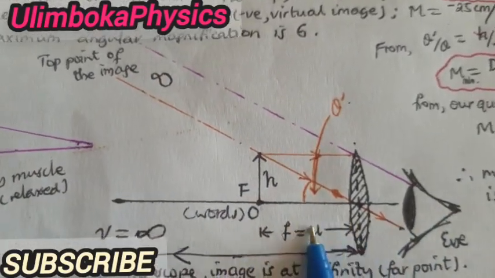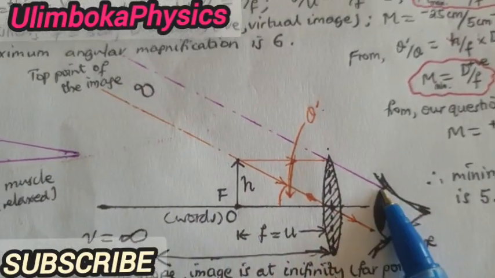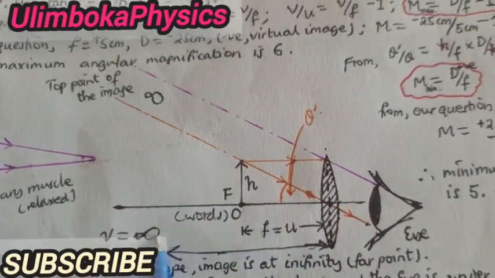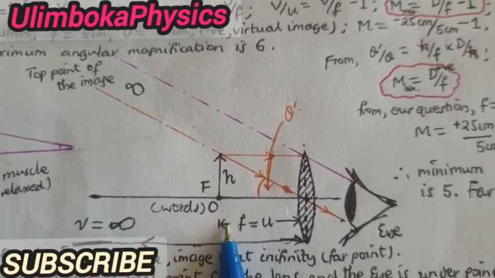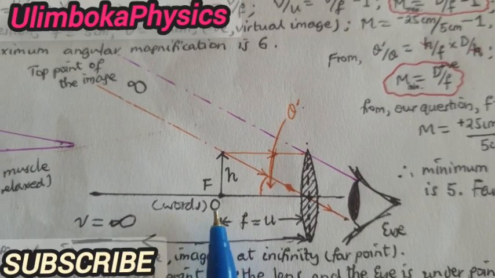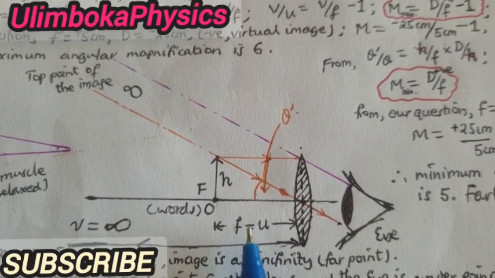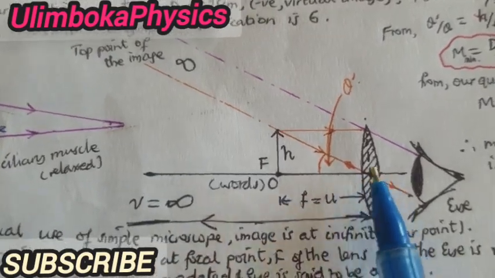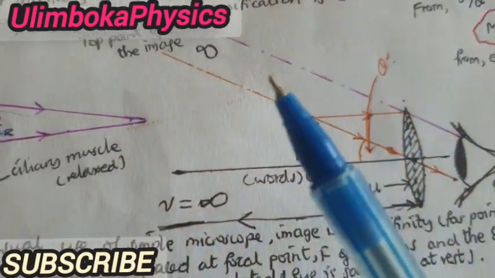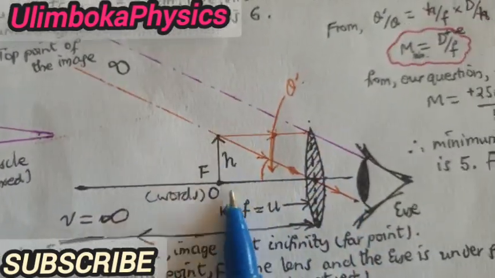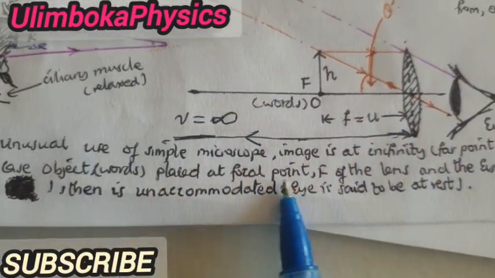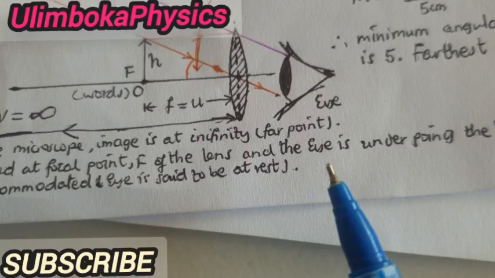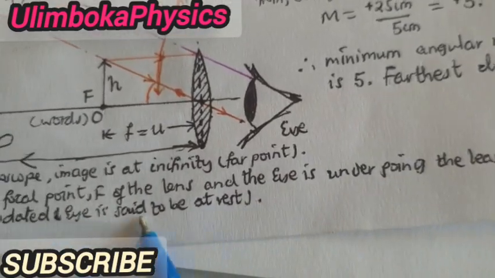Remember now, the farthest distance the object can be placed is at the focal point, and its distance is equal to the focal length of this lens. And for this case, we say that the eye is unaccommodated, or it is said to be at rest.